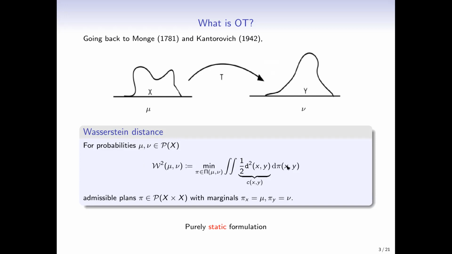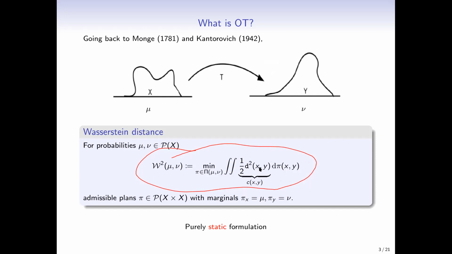So the original definition of the Wasserstein distance, in its so-called Kantorovich formulation, is as follows. You define the squared Wasserstein distance between your probability measures mu and nu as the optimal value of a minimization problem, where what you minimize is among all possible transference plans, these guys pi, or measures on the product space.